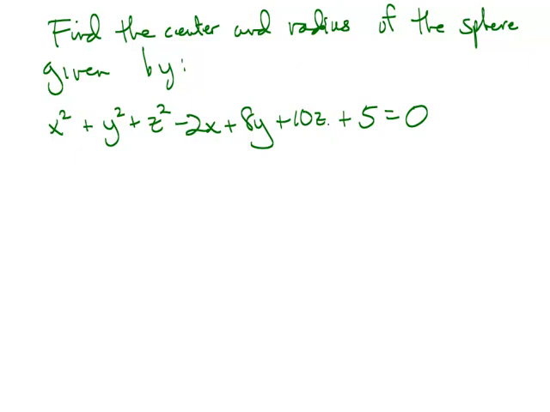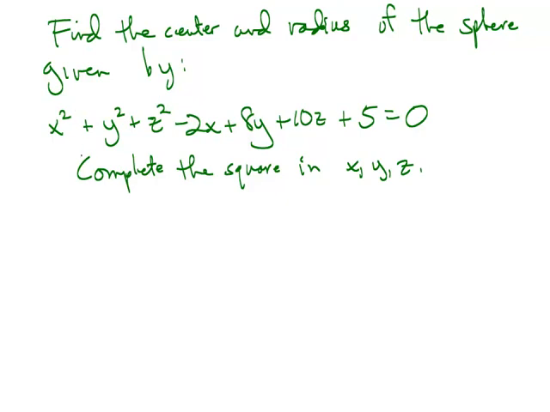We're going to use a process called completing the square. We're going to complete the square in the variables x, y, and z. We know it's going to be a sphere because x, y, and z are all squared and they all have the same coefficient. In this case, it's 1.